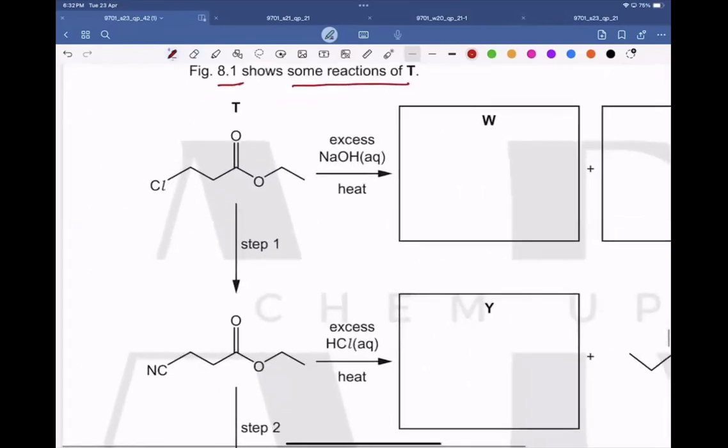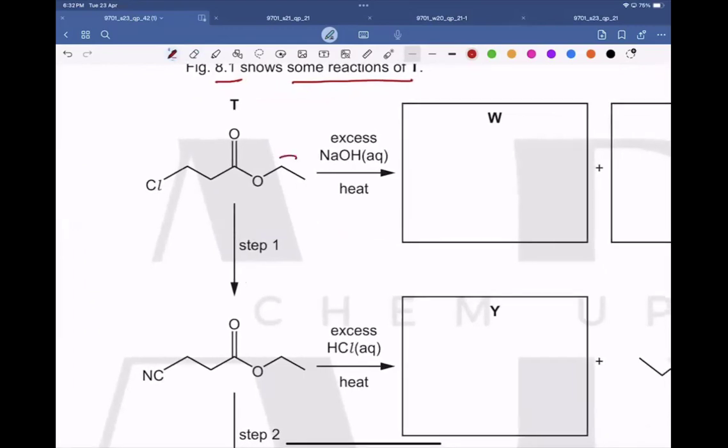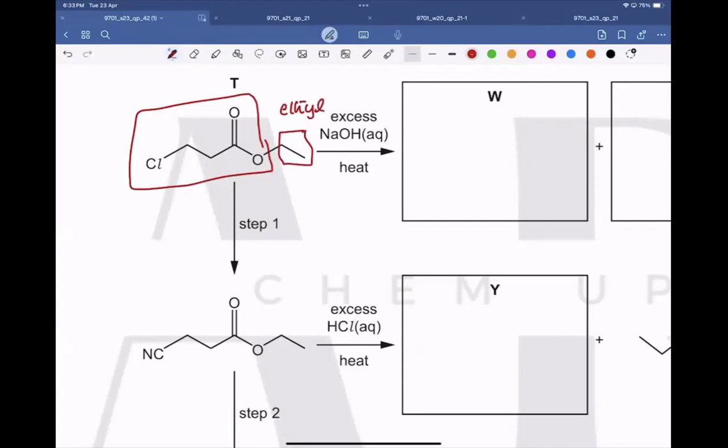Okay. So if you see, this is an ethyl. This is the alkyl part, right? And this one is the alkanoate part. So the alkyl part has 2 carbons, so it becomes ethyl. And the alkanoate part has 3 carbons and a chloro. So we are going to call it chloropropanoate.